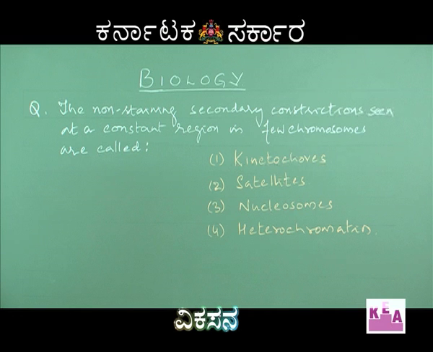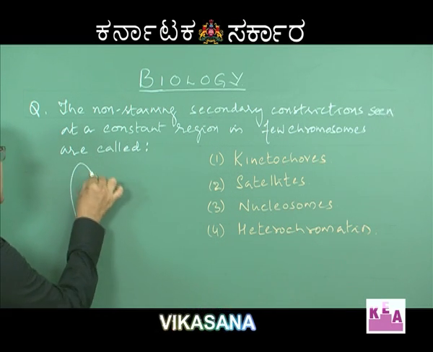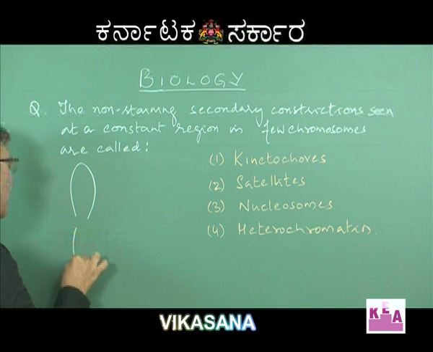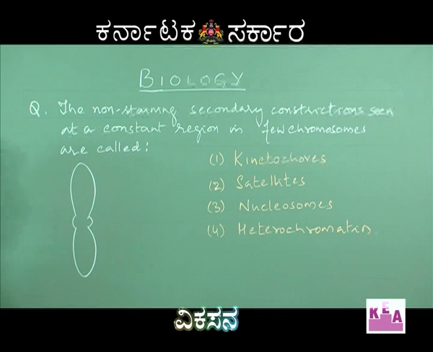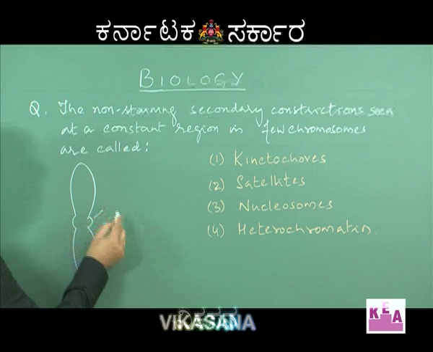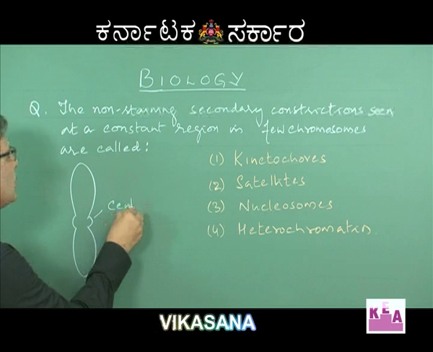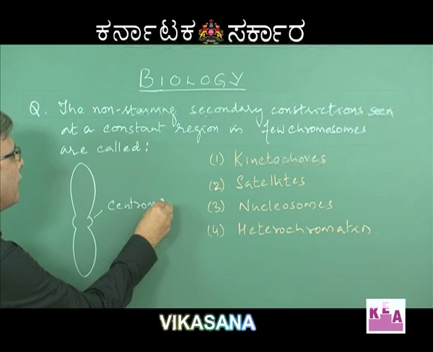When you talk about chromosome, a typical chromosome, if I have to draw a simple sketch, say this is the outline of a chromosome, and this is called centromere.